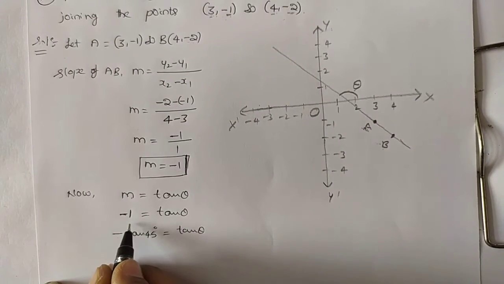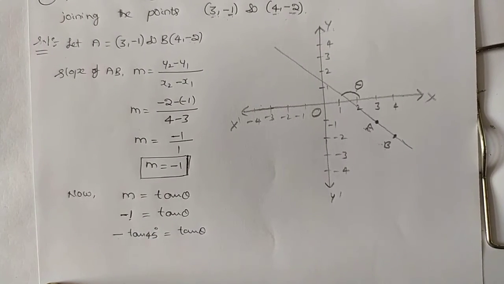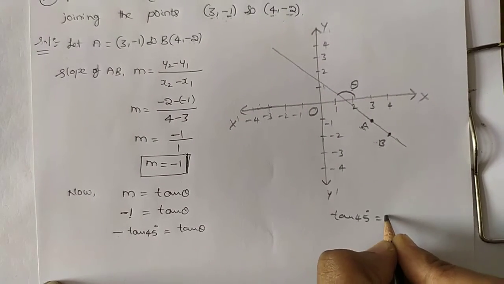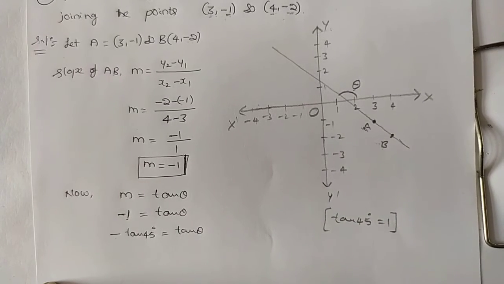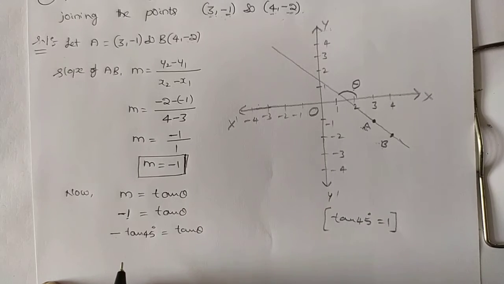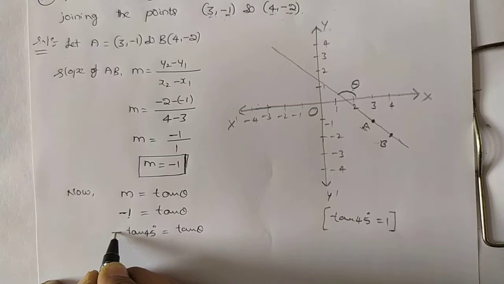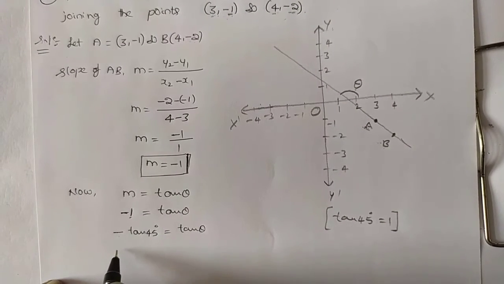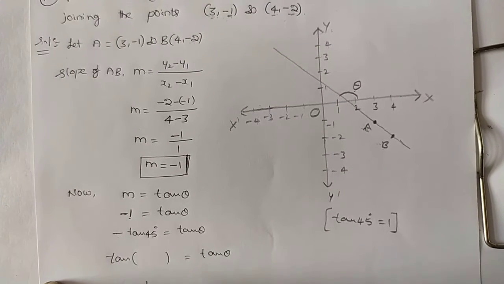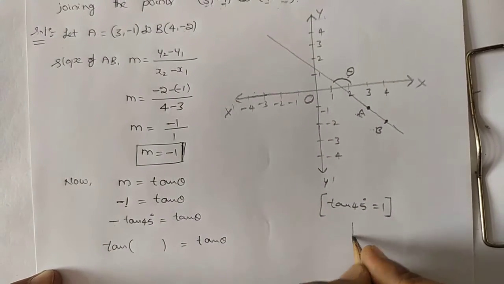Minus tan 45 degrees equals tan theta, because tan 45 degrees is 1 only. This thing we know. Now here we will have plus, here we will have minus. Now let us adjust. Where is tan negative?